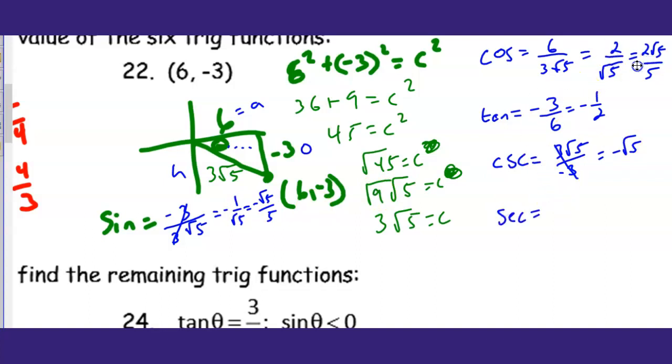Secant is the inverse of this, so if I just flip this one right here, alright, or I'm going to do the work that will show you. 3 radical 5 hypotenuse over adjacent, which 3 over 6 is 1/2. Right? 1/2 right there. Which again, I told you could just flip that. And then cotangent is the inverse of tangent. So if you were to flip it, 6 over negative 3, you'll get negative 2, which is the inverse of that. Okay? We're almost there.